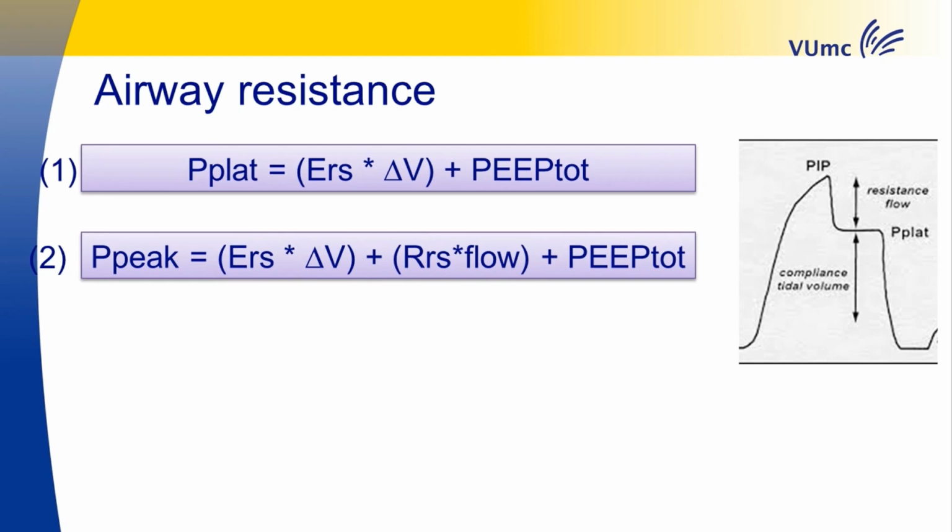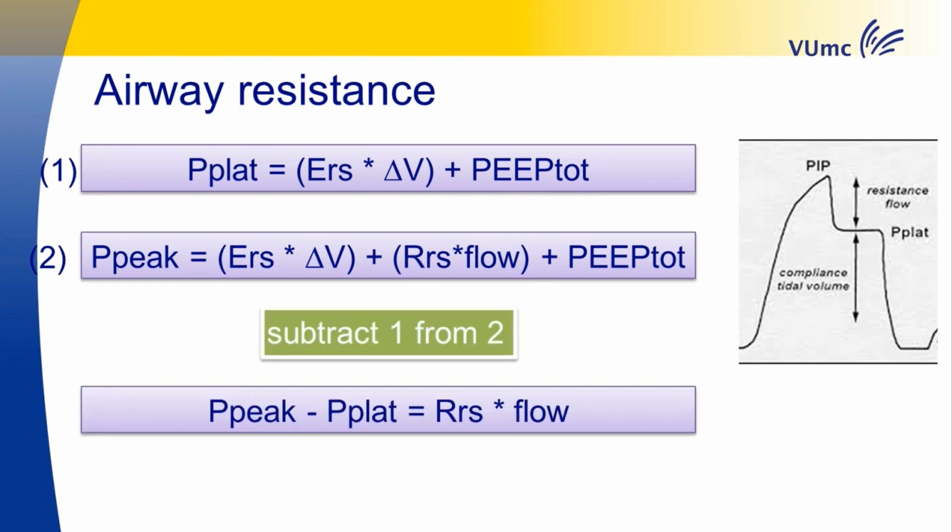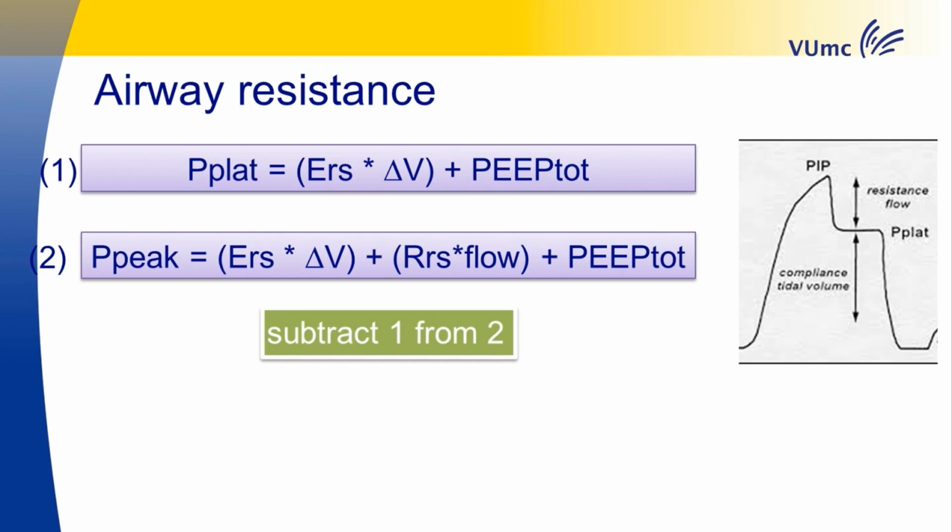The peak pressure, as has been demonstrated, depends on elastic recoil pressure, the pressure needed to generate flow, and the total level of PEEP. So if we subtract 1 from 2, then peak minus plateau, we can get rid of, now it's working.